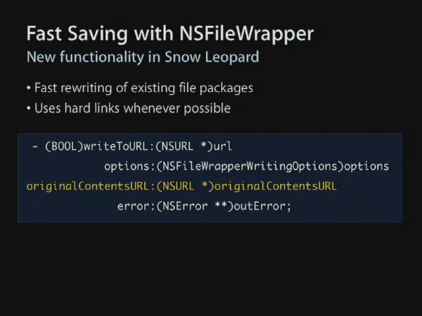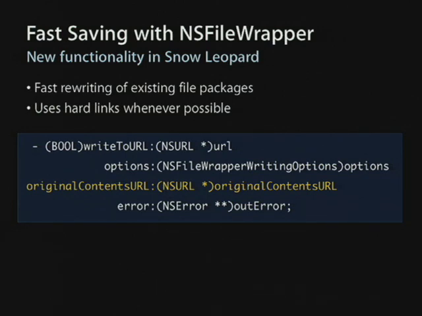And there's also just new functionality in Snow Leopard for NSFileWrapper for this fast saving business. Instead of just a method that takes a URL and some options and an error to write, we have an additional parameter, original contents URL. And that allows us to use hard links whenever possible.